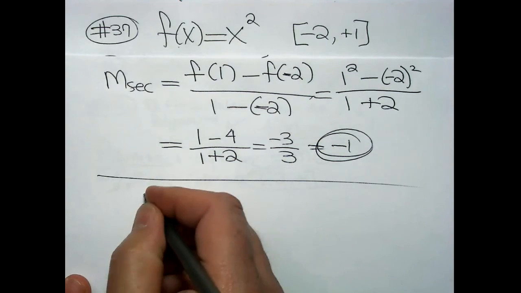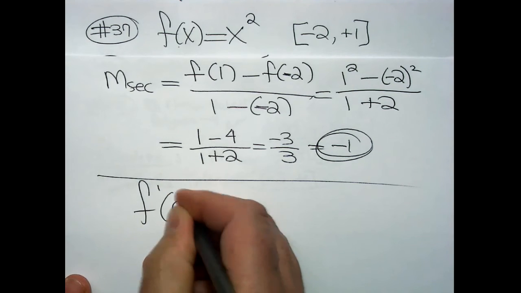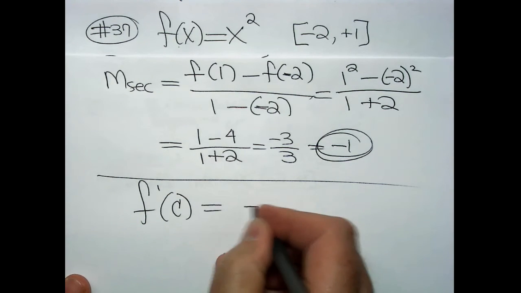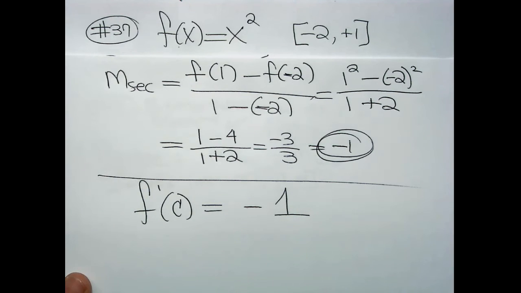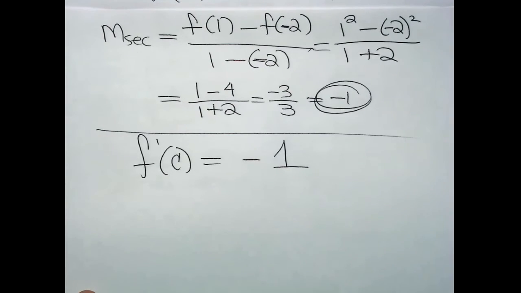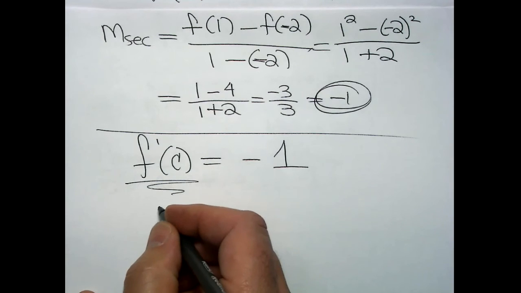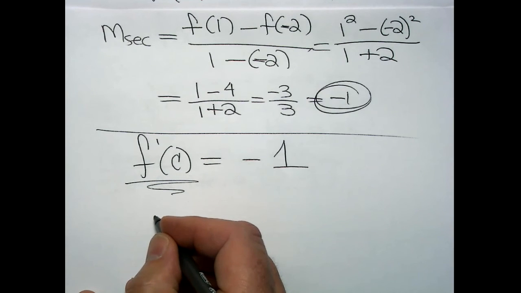Let's fulfill this promise. Again, we want f prime at some magic value c to be equal to the secant slope, -1, not 0. For the mean value theorem, we set the derivative equal to the slope of the secant line, which typically won't be 0. So you remember what f prime was. F prime was 2x.